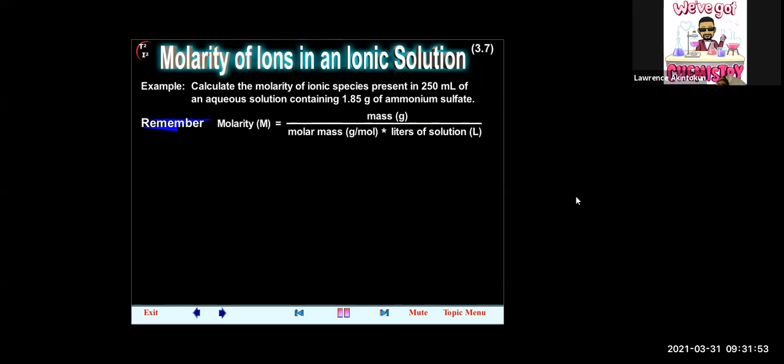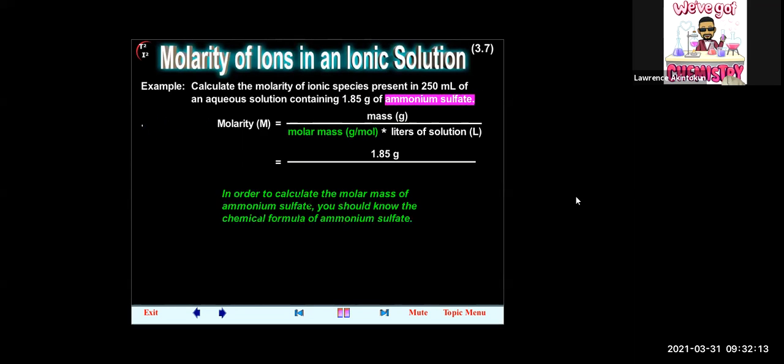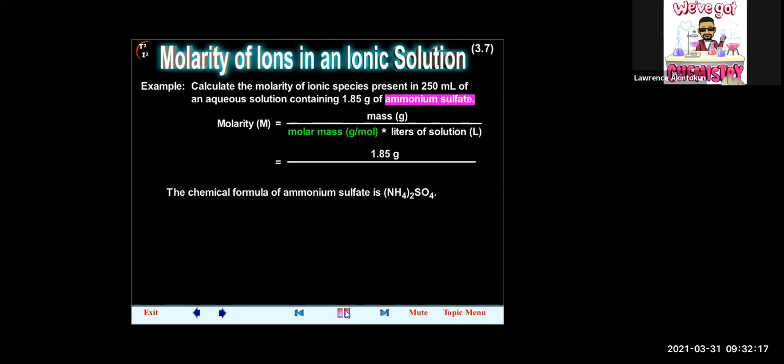Remember, molarity, M, is equal to mass in grams divided by molar mass in grams per mole times liters of solution, equals 1.85 grams divided by... The chemical formula of ammonium sulfate is (NH4)2SO4. Molar mass equals 132.1 grams per mole.